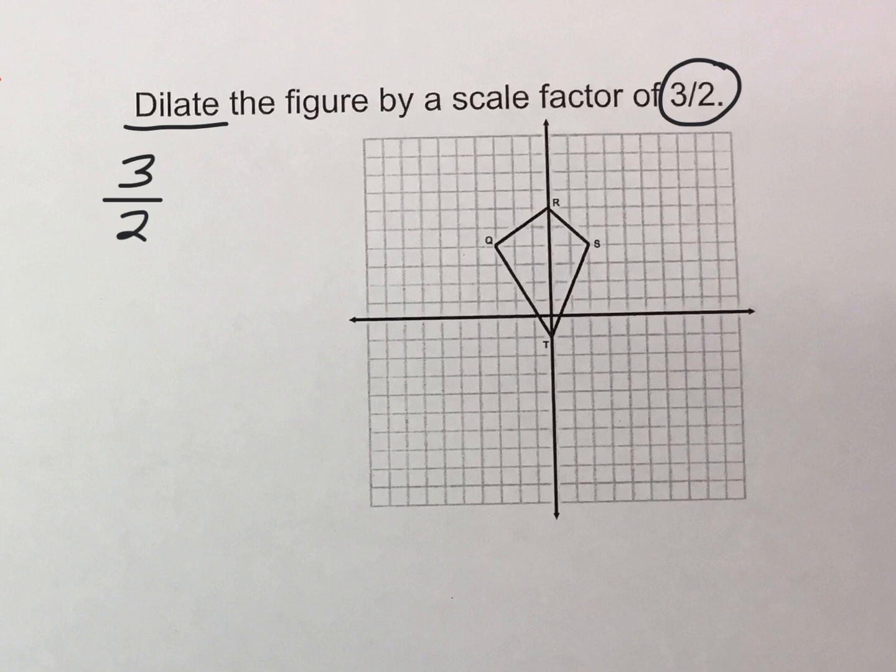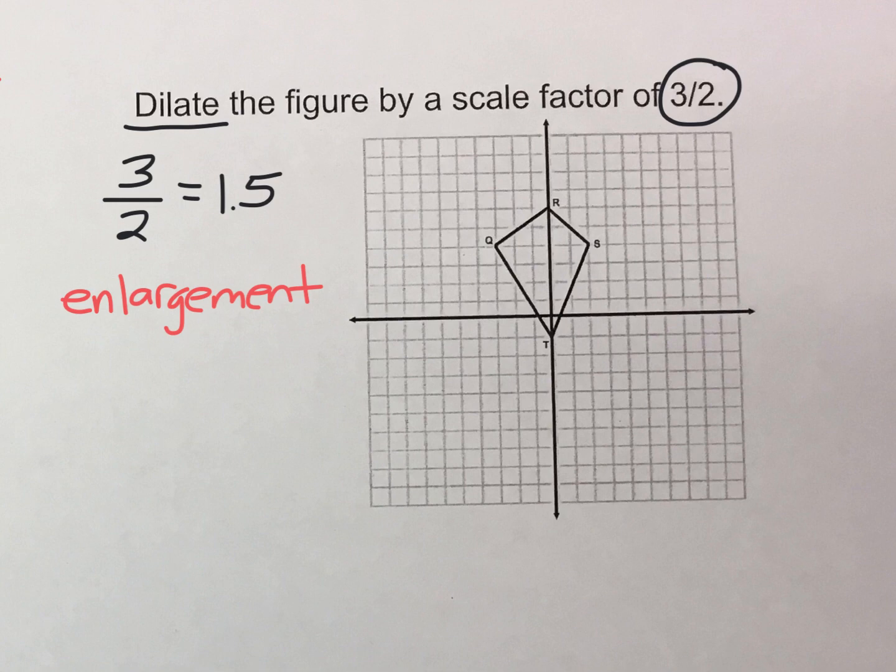No, because what have we learned about improper fractions? They are mixed numbers, so this would turn into what? 1 and 1/2, or 1.5. Okay, so since it's bigger than 1, what is it? It's an enlargement, which means our image is getting bigger.